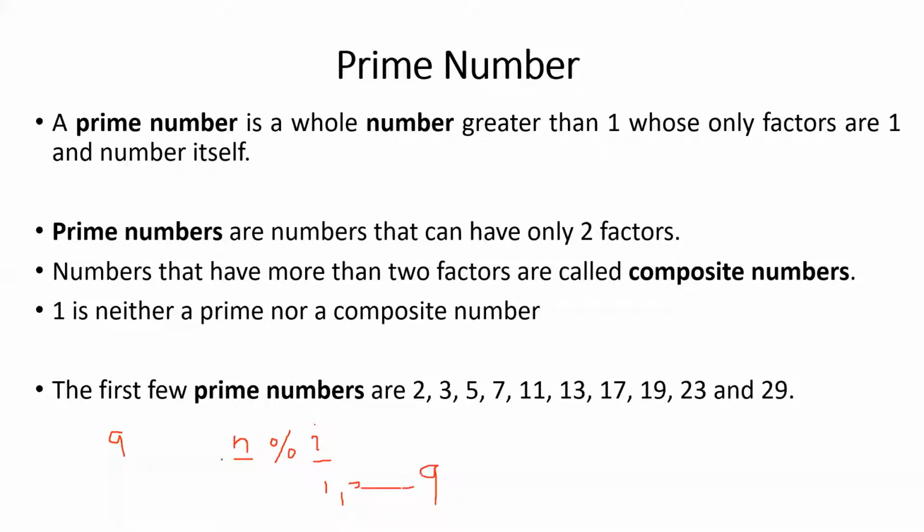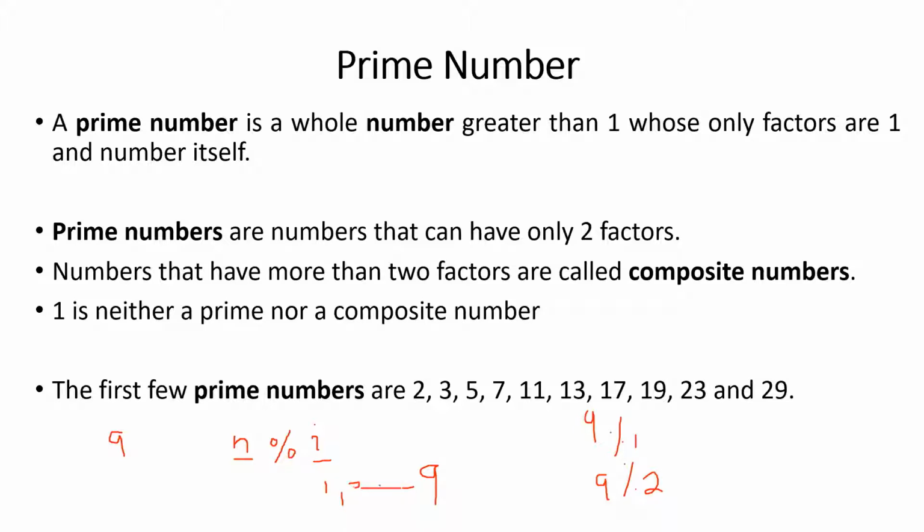So in the first iteration, n value will be 9 and I value will be 1. Got it? In the next iteration, I will increase the I value to 2, so it will be 9 mod 2, and we will see whether the remainder is 0.